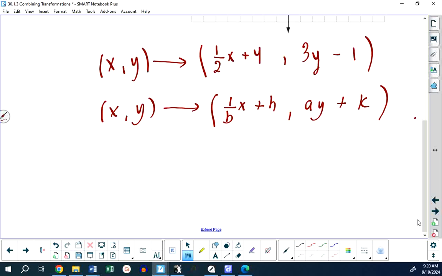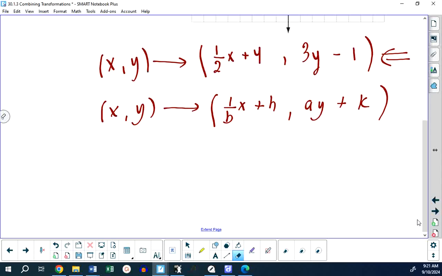And by the way, make a note that if there's no vertical stretch, a is not 0, a is 1. If there's no vertical translation, k is 0. So that's the mapping for this particular question, and we can use it, and I'm glad you asked, Eric. We can use it to come up with a more general statement about what the mapping will always be.